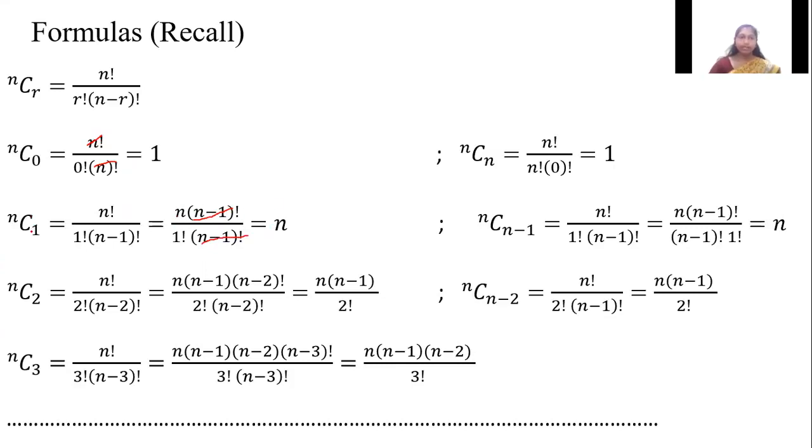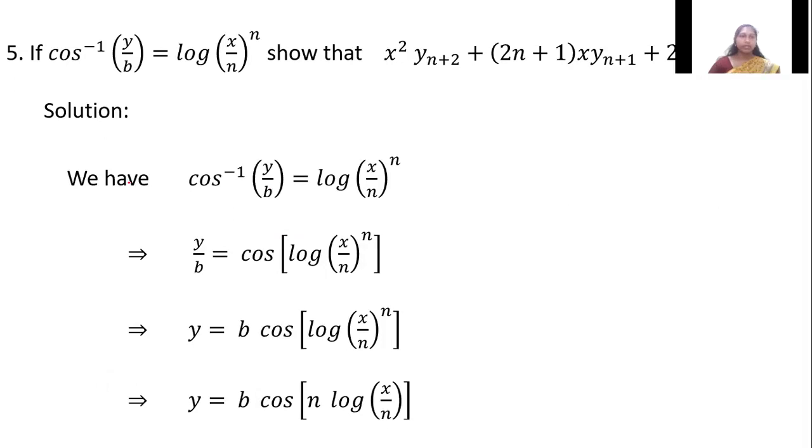So the value for nC1 as well as nCn minus 1 is equal to n. Similarly, this observation keeps on continuing. We can see that nC2 is the same as nCn minus 2, and its value is n into n minus 1 by 2 factorial. So let us discuss this problem.